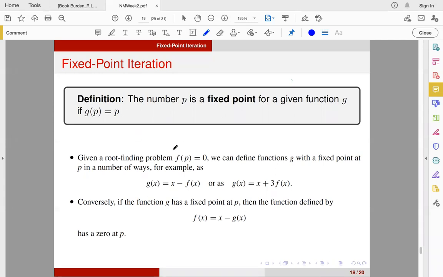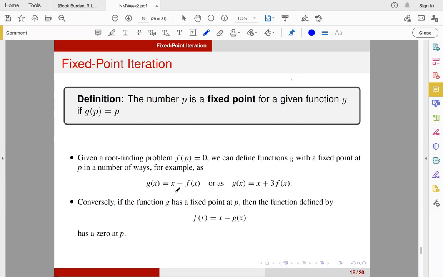Therefore, if we have the following problem, let's say we want to find p such that f(p) equals 0, we can define a function g with a fixed point at p in a number of ways. For example, we can put g(x) equal to x minus f(x), or g(x) equal to x plus 3f(x). It depends.